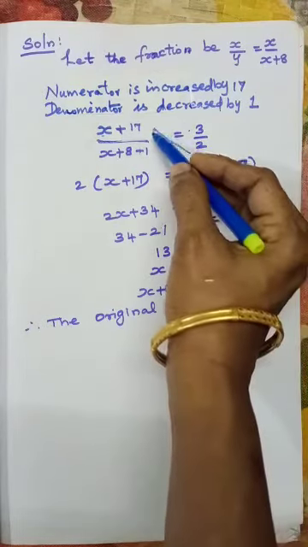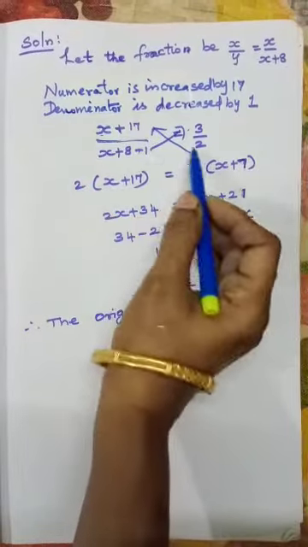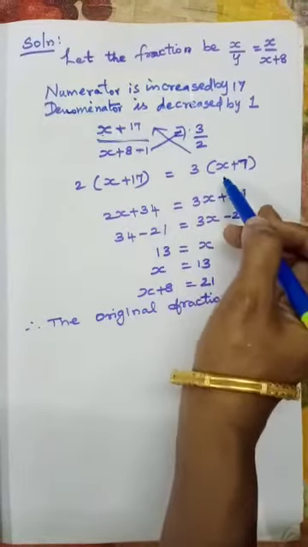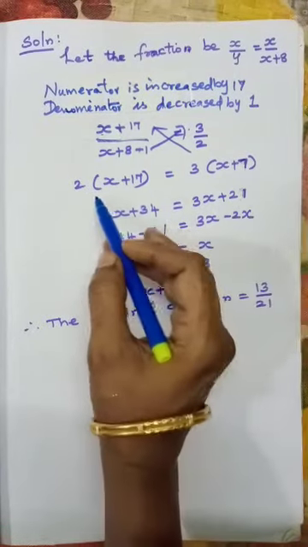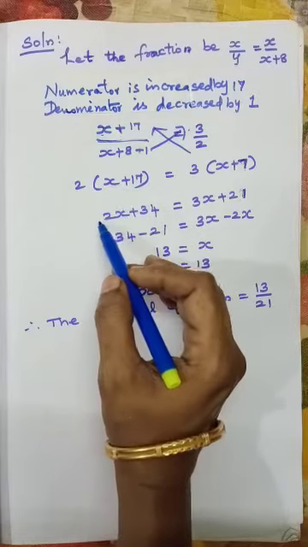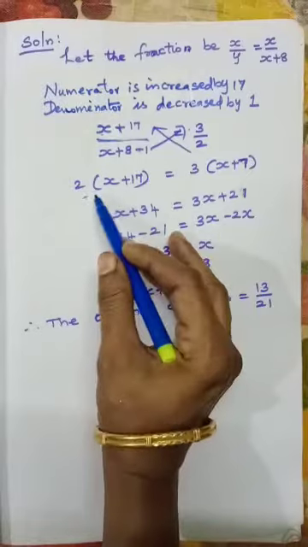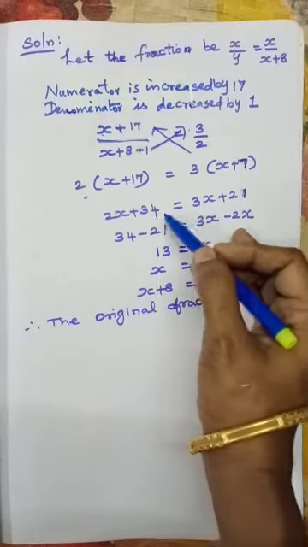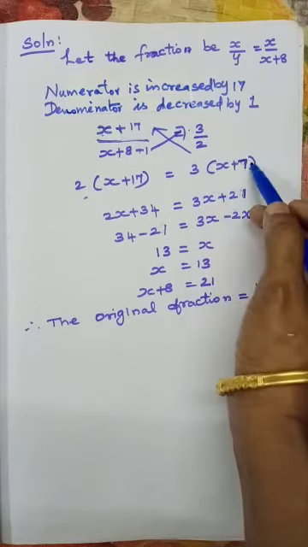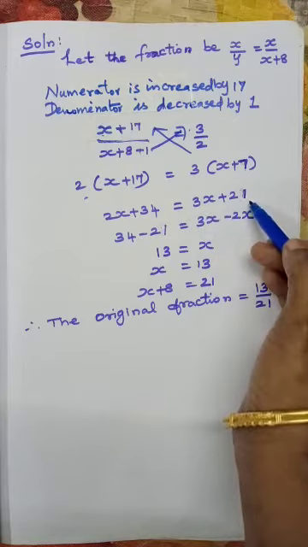Now cross multiply both. 2 into x plus 17 is equal to 3 into x plus 7. Now remove the bracket by multiplying 2 with each term inside. So 2x plus 34, 17 2s are 34, is equal to 3 into x plus 7, 3s are 21, so 3x plus 21.